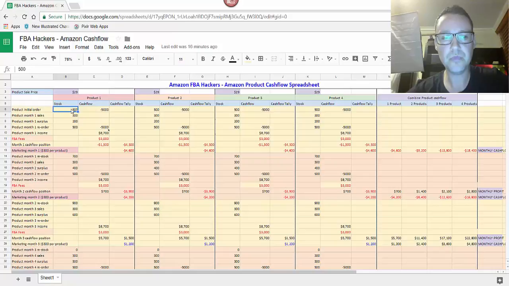This column here, B, is your stock levels as they go throughout each month or each cycle. This column here is your cash flow, whether or not you're spending money or making money on your product sales. And then this column here is simply your cash flow tally from month to month or cycle to cycle.